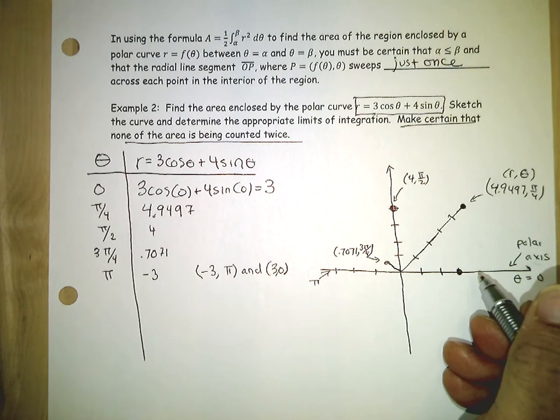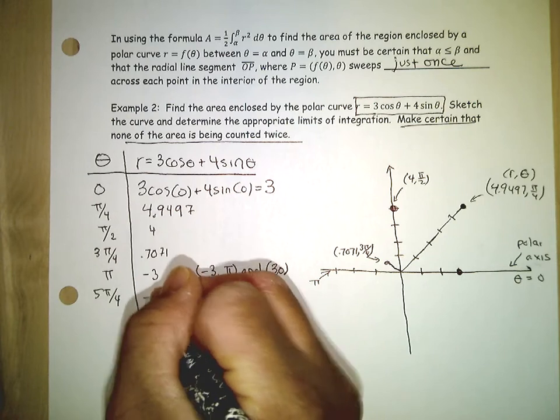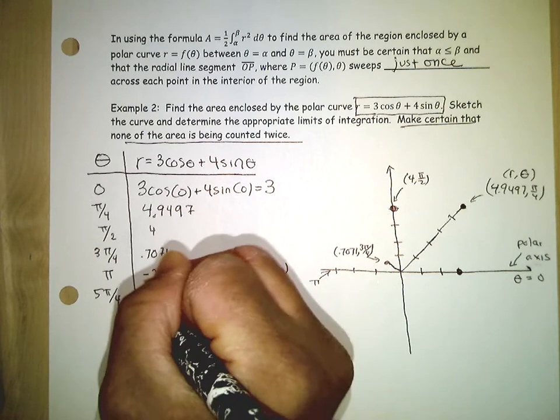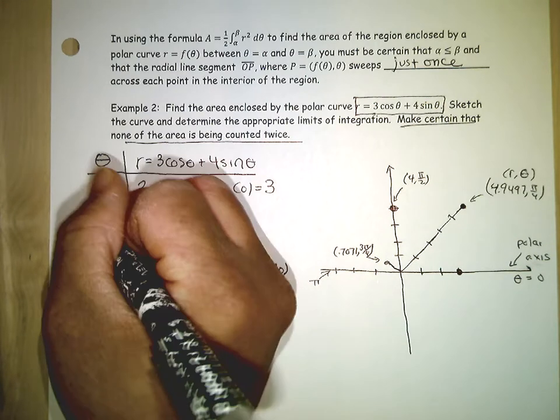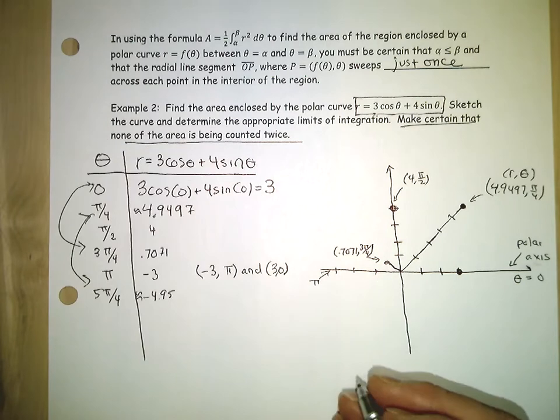So let's try another point like 5 pi over 4. I get about negative 4.95 approximately. So these are the same point also. Right, these two end up being the same. These two end up being the same.